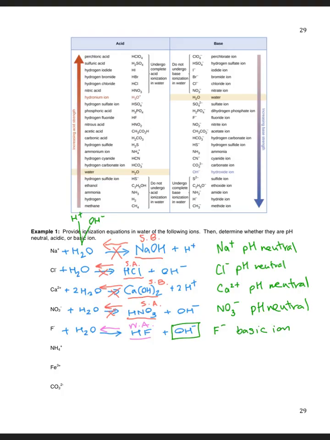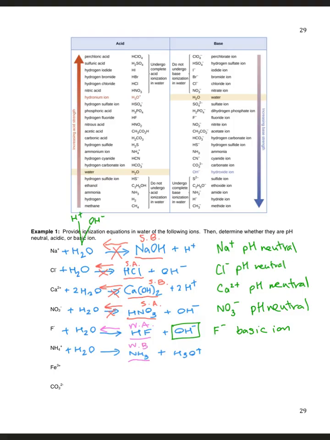because it produces hydroxide ions. Next, when ammonium ion reacts with water, it will give a proton to water and convert to its conjugate base, ammonia. And another product would be hydronium ions. Ammonia is not one of the 6 strong bases, so ammonia is a weak base.